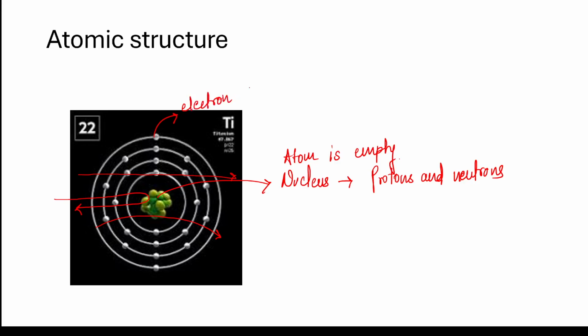You need to know that the relative charge of an electron with respect to a proton is -1. The charge of a proton is +1, and the neutron has no charge. The charge of a neutron is 0. When this outer electron is removed, that process is called ionization.